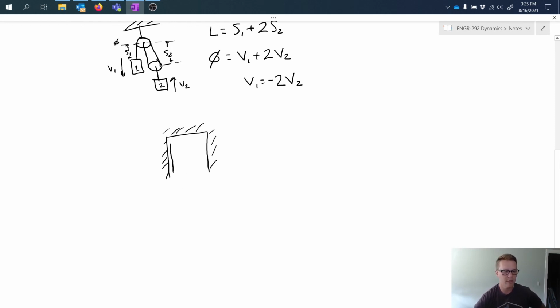So suppose I have a piston in a cylinder, and attached to it is a crank arm, and that's attached to a shaft, which itself is rotating around a fixed point.